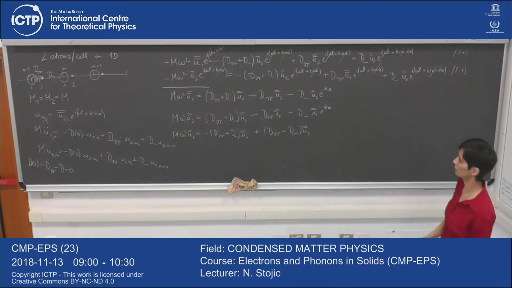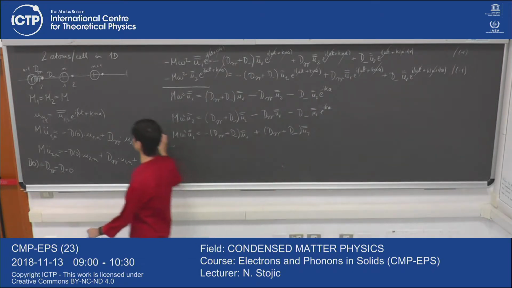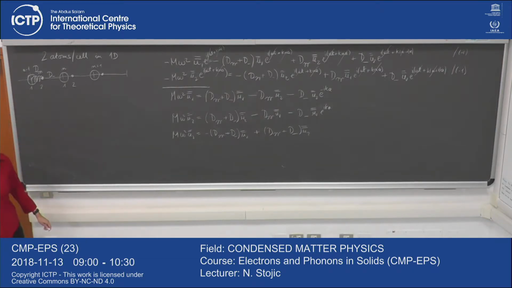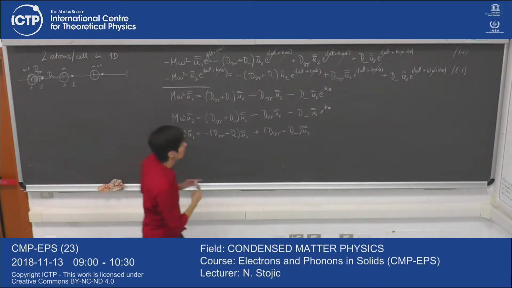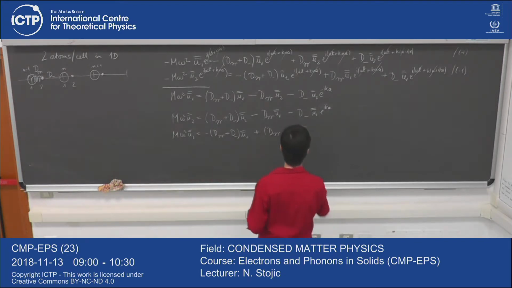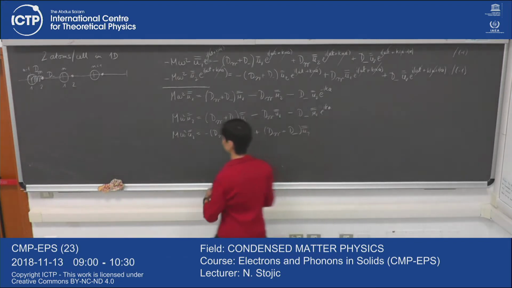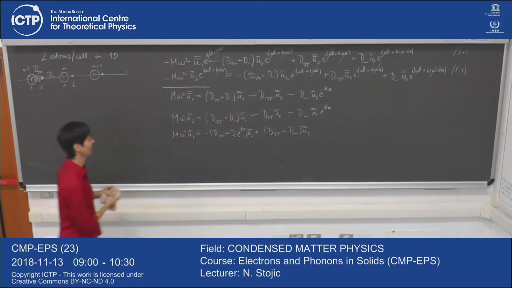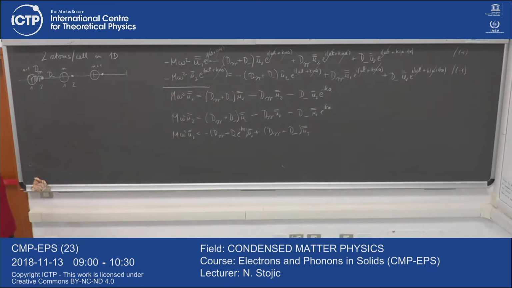And now where can I write the matrix? Maybe there. Excuse me, there is a factor of e to the power ikA. Ah, you're right, here, this one, I forgot. Yeah, good. That guy will cause us lots of trouble. It would be nice to get rid of it.